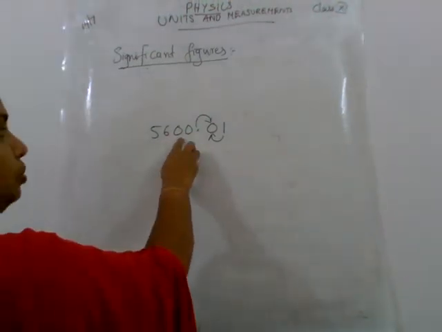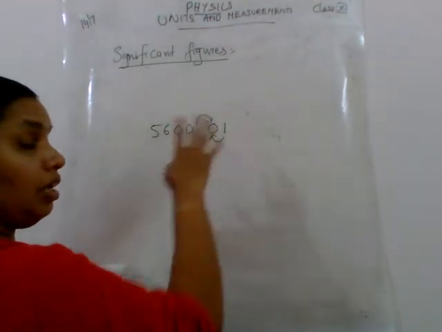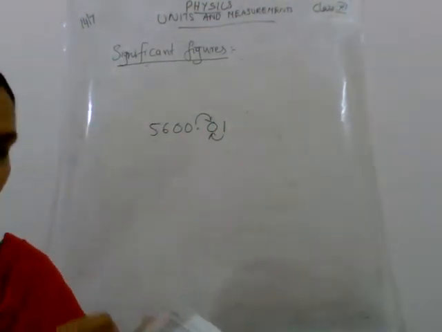So here how many significant figures are there? 1, 2, 3, 4, 5. This 0 is not significant. Understood?